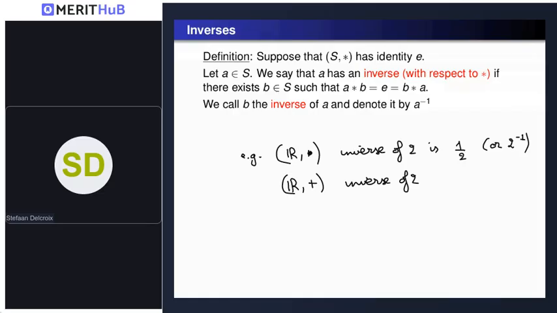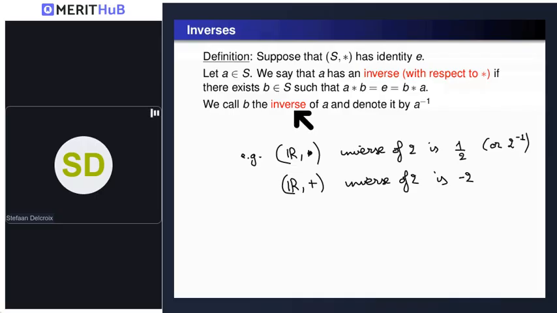What is the identity? 0. So what is the inverse of 2? What do you need to add to 2 to get to 0? Correct, -2. And so you wouldn't write this as 2 to the -1.